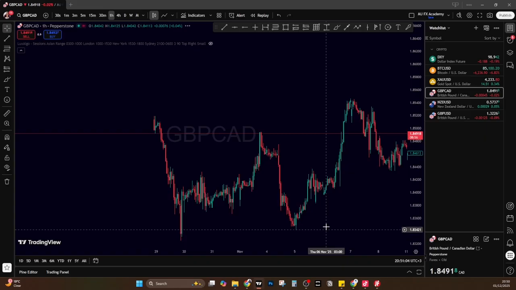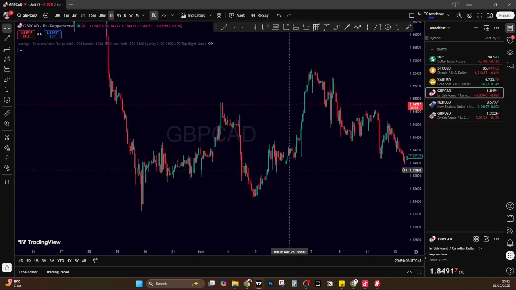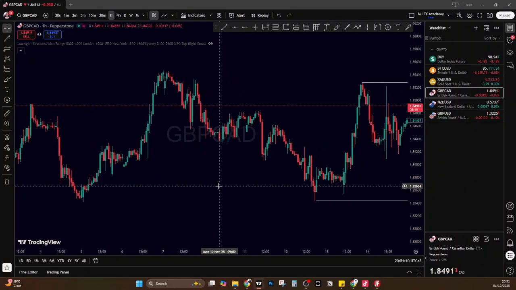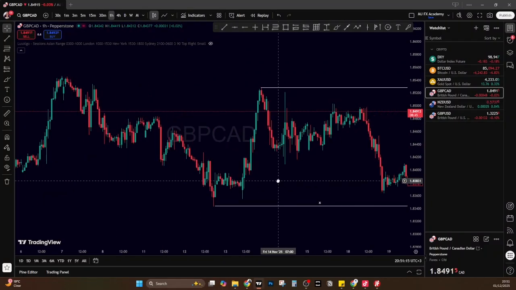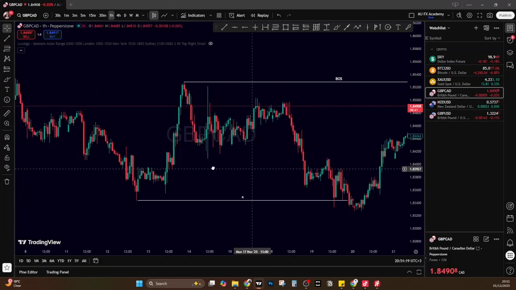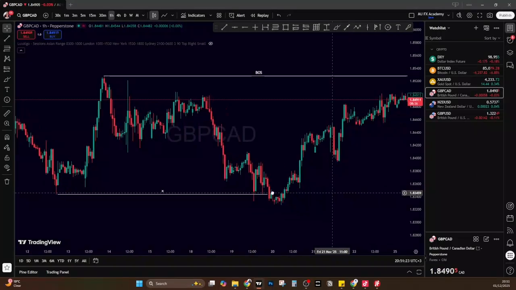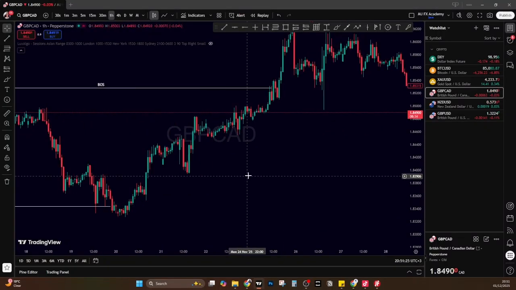Now, it is also good for you to study the behavior of any market. If you look at this market right now, you realize that the market is rarely leaving fair value gaps. Every time the market leaves an FVG, it will come back and fill it. So what does that tell you?